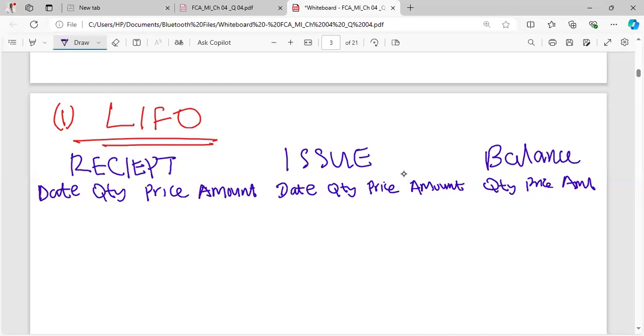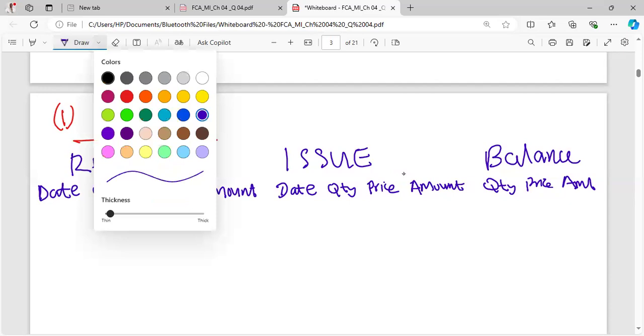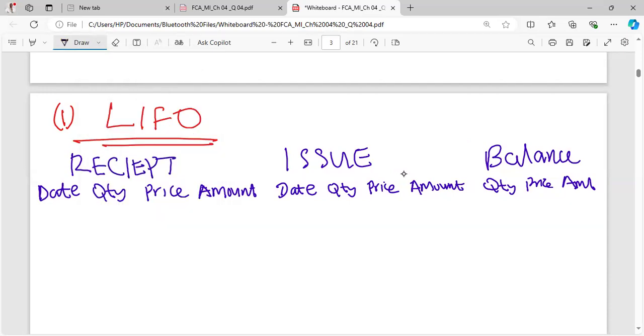So once again, we'll set our templates. We already know that it started in January 13, and the quantity was 200, and we had 7,200.